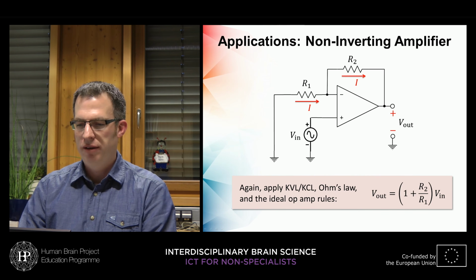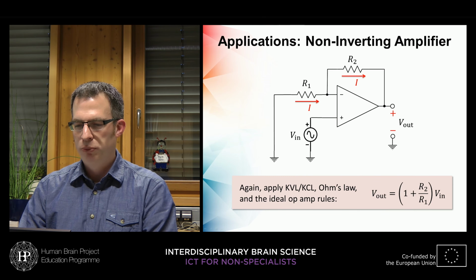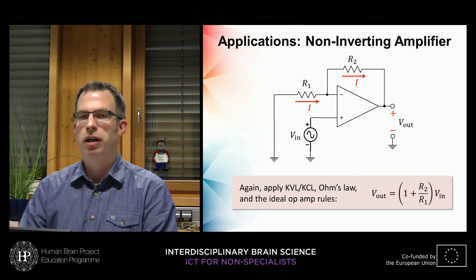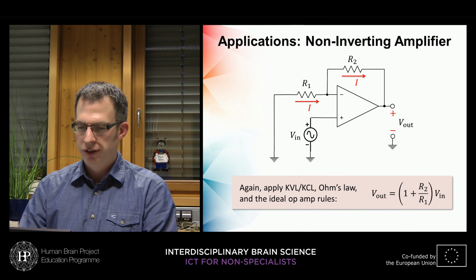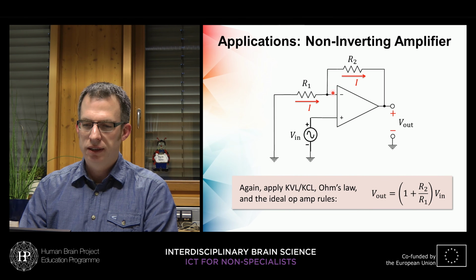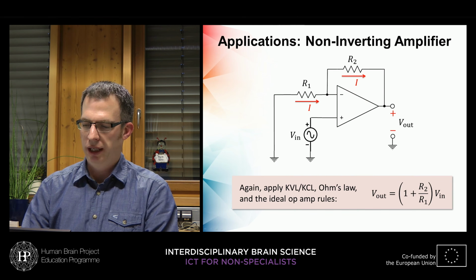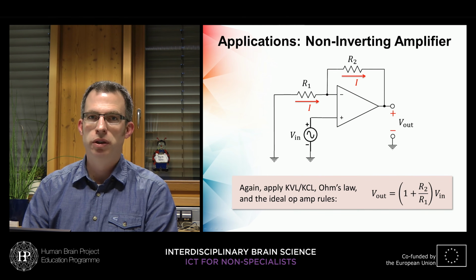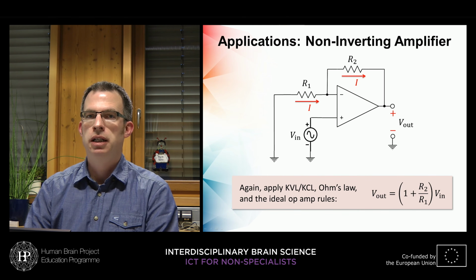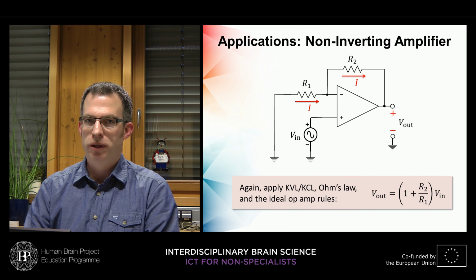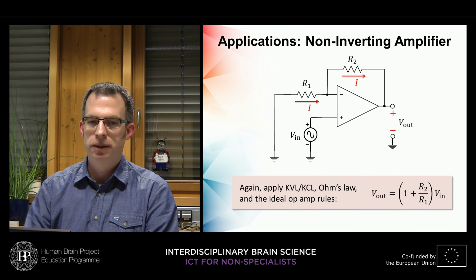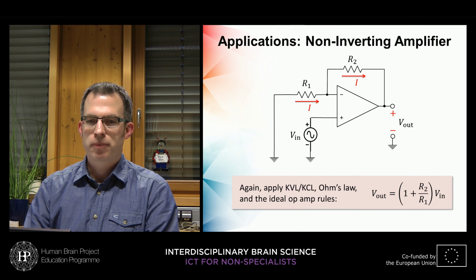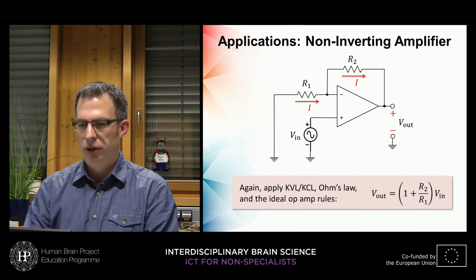And if we do the math, then we get this formula down here, where we have the output voltage equaling 1 plus the ratio of R2 over R1 times the input voltage. So again, using this ideal device, we have a circuit containing only two passive components in addition, where we have controllable amplification of an input signal with, yeah, no additional components required.